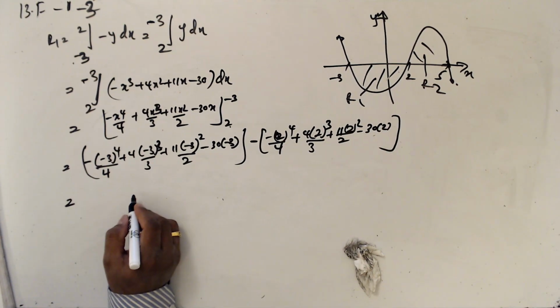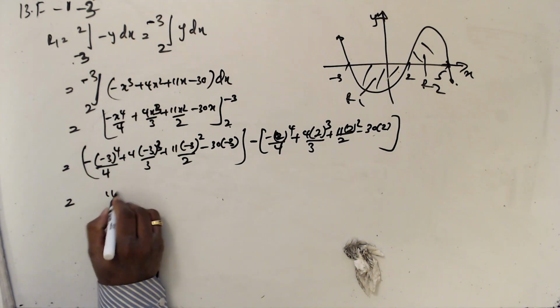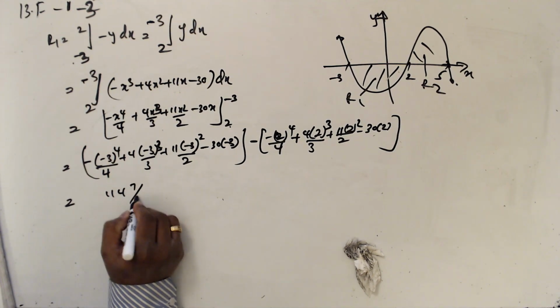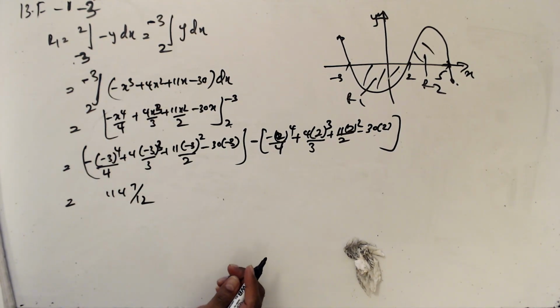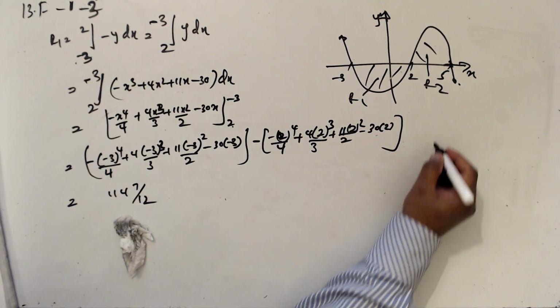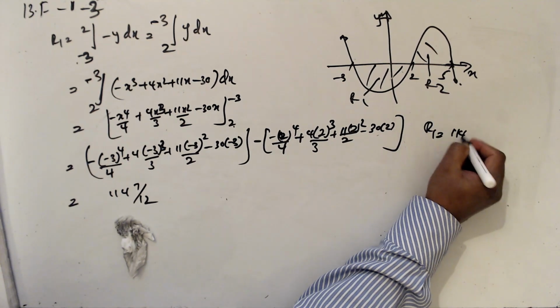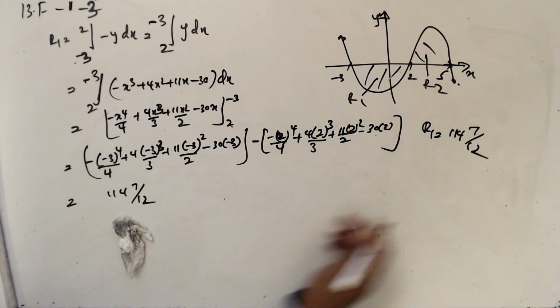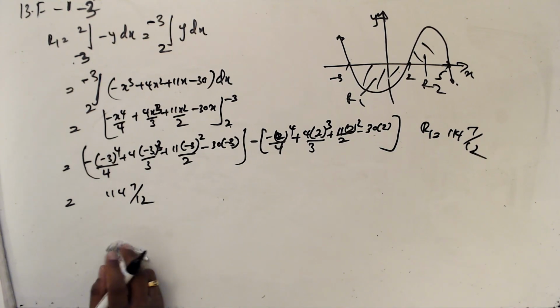So this answer is 114.7 over 12. So R1 is 114.7 over 12. Now we'll do R2.